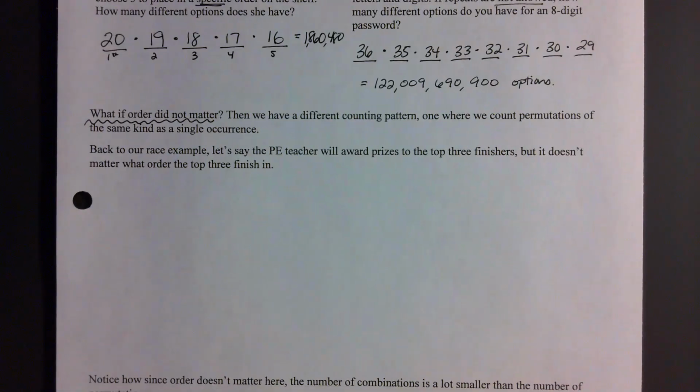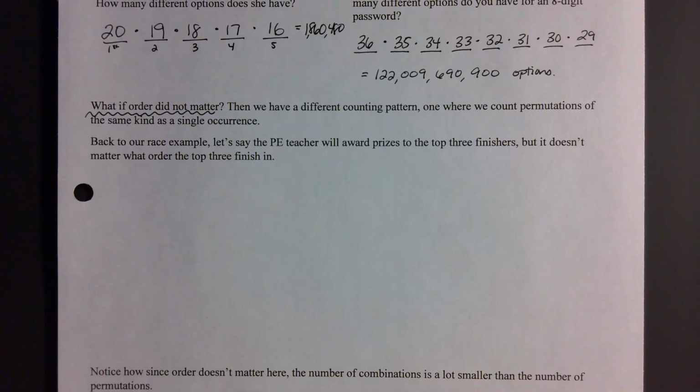Let's say our PE teacher will award the prizes to the top 3 finishers, and the order doesn't matter. They're just going to give all the first 3 players a prize. Since the first 3 players that cross the finish line can finish in any order, the order in which they finish doesn't matter. They're going to get the same prize regardless.